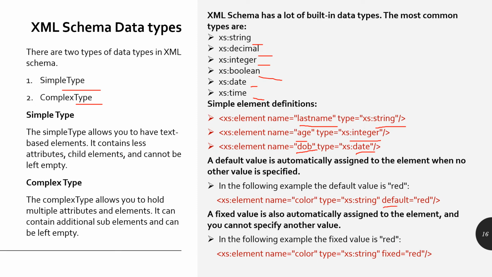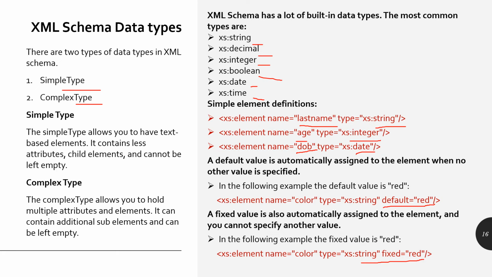For example, if you want to set the default to red, you specify default red, and automatically the default value will be assigned. It is also possible to fix a value, which is automatically assigned to the element.